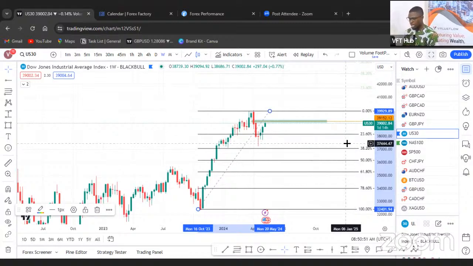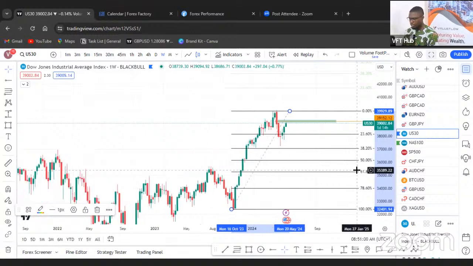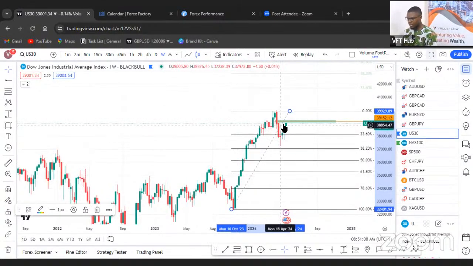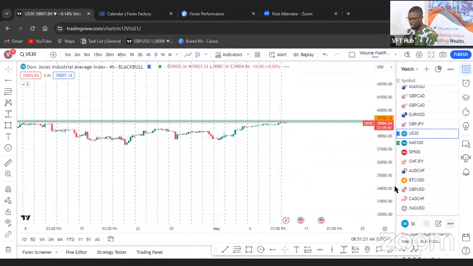I'm looking for something interesting to happen between the 38.20 or 50.00 levels, so I'm looking for a retracement into the 50.00 region before we continue to the upside. So I'm expecting price to tap into 50% of this inefficiency in price and then begin to tank to the downside.